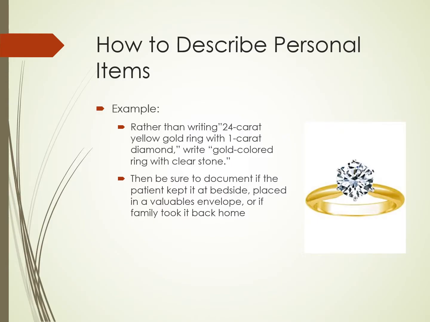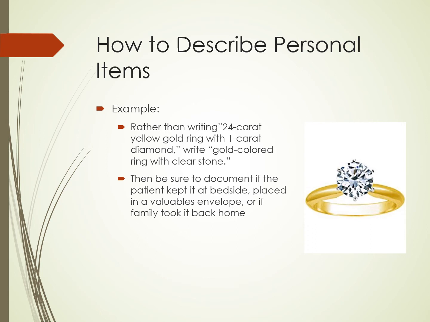This is a good example. So rather than writing a 24-karat yellow gold ring with a 1-carat diamond, we're just going to write gold color ring with a clear stone. Remember, you can't go off of subjective data the patient tells you on an inventory sheet.